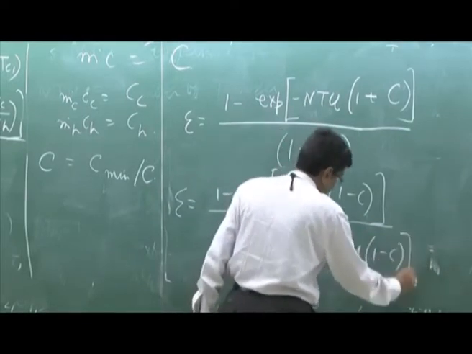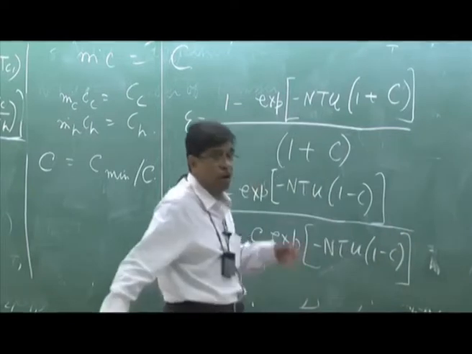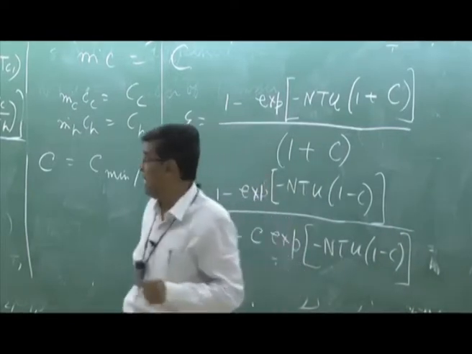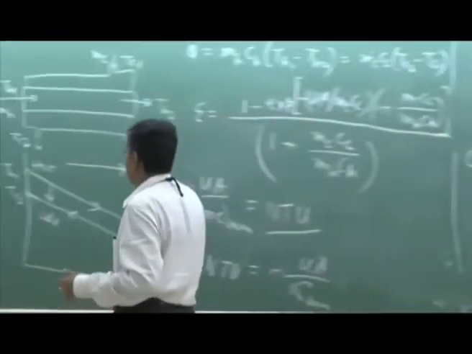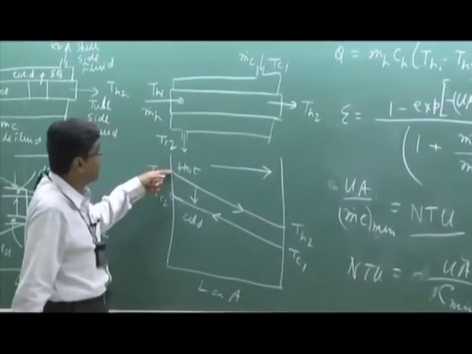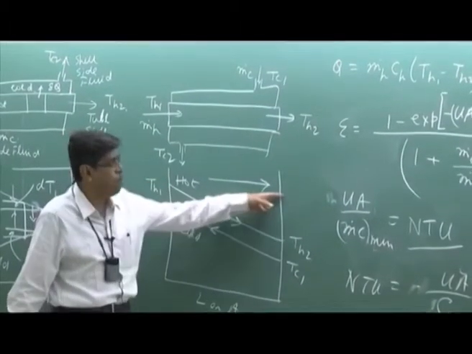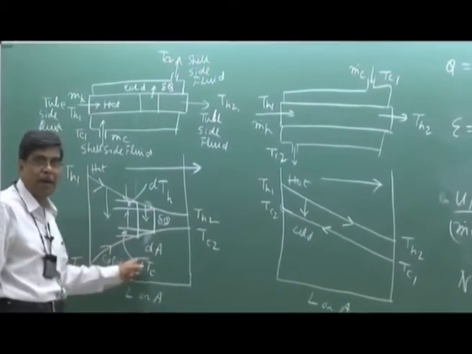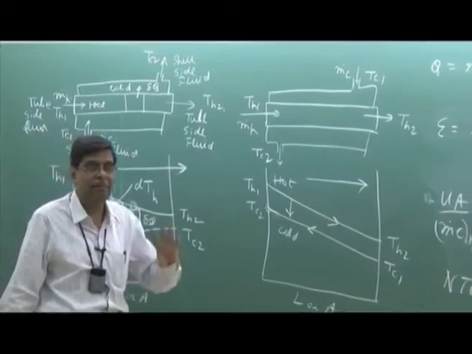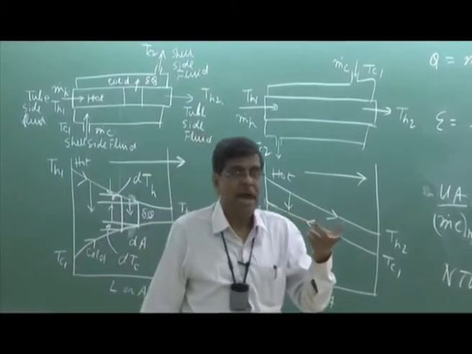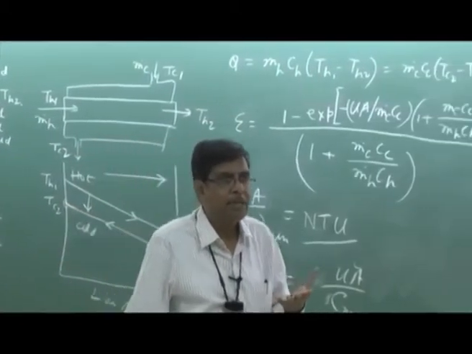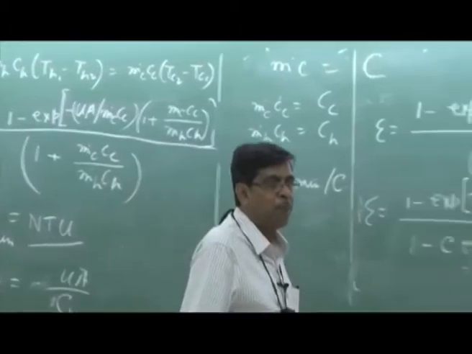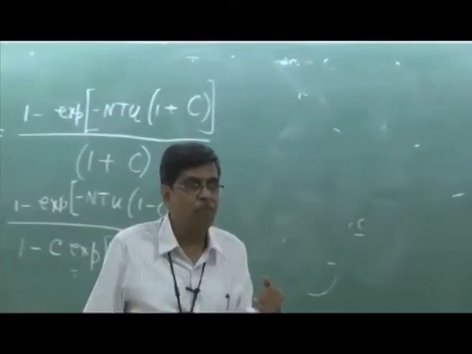Now you see that in condensation and boiling, I told one of the fluids will be a parallel line. In case of condensation, the hot fluid is a parallel line. In case of boiling, the cold fluid is a parallel line. And parallel line means temperature does not change. And I told qualitatively that counter flow and parallel flow remain same.